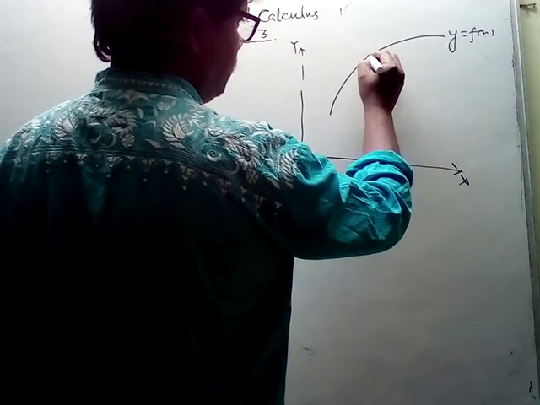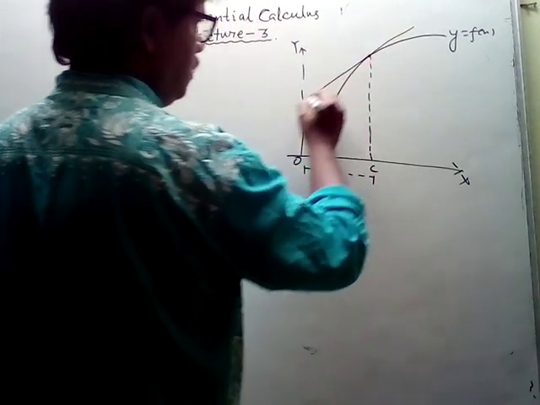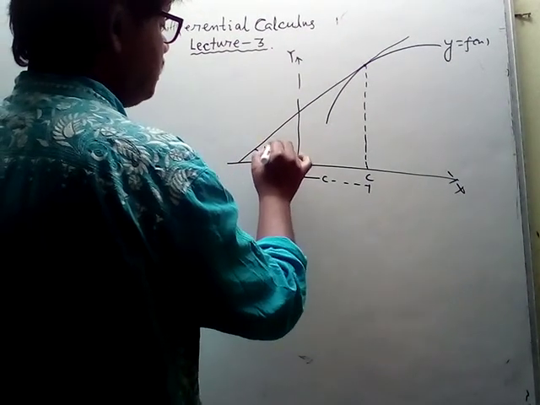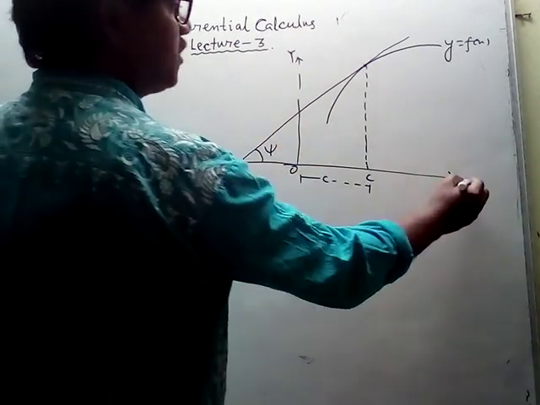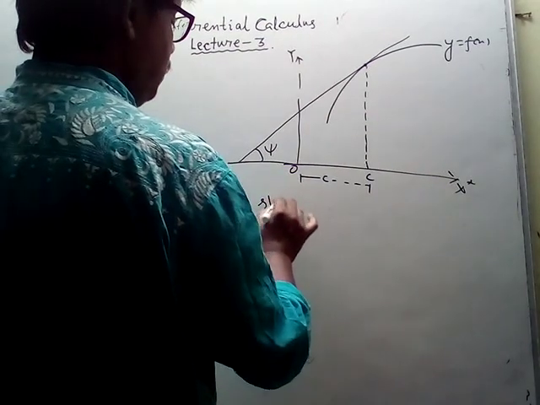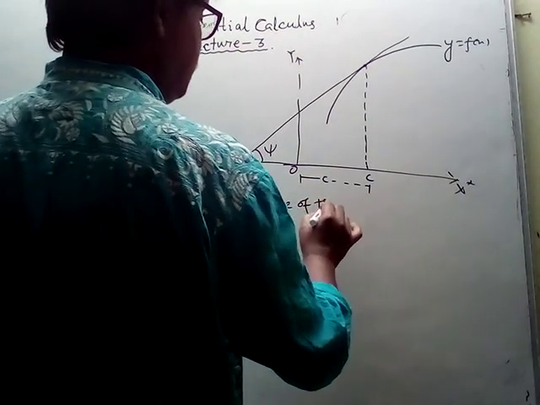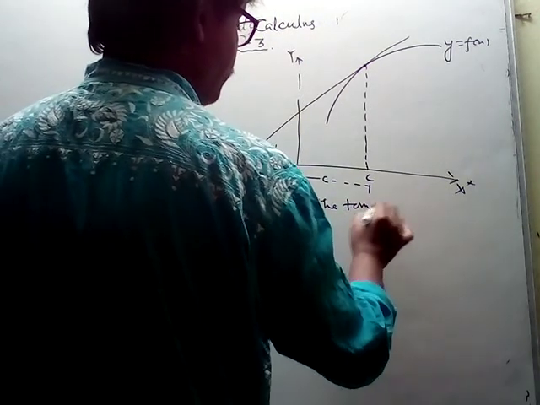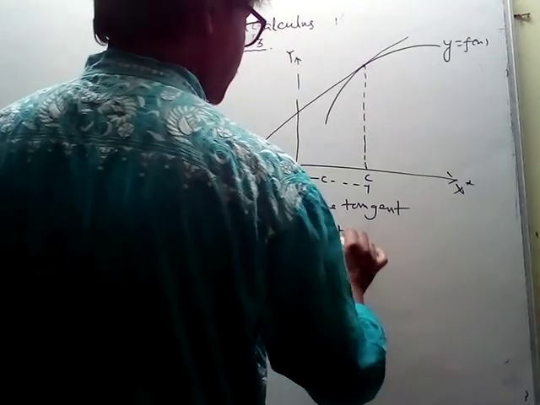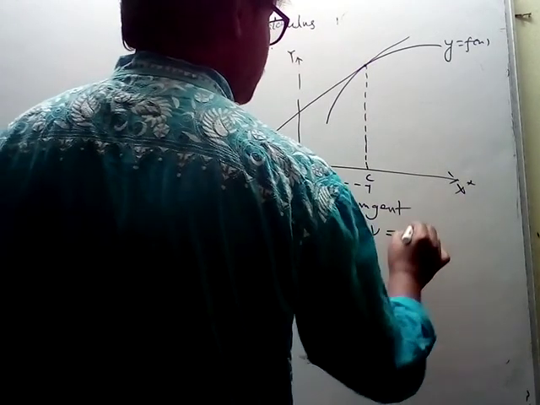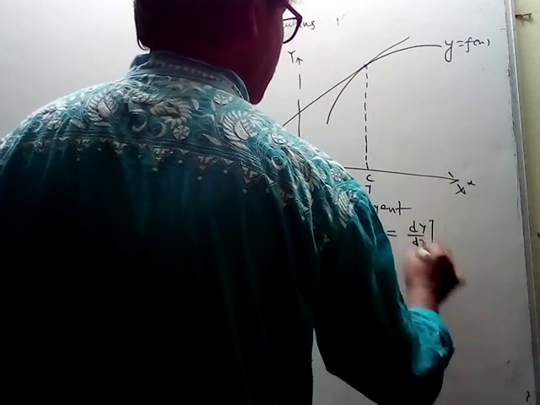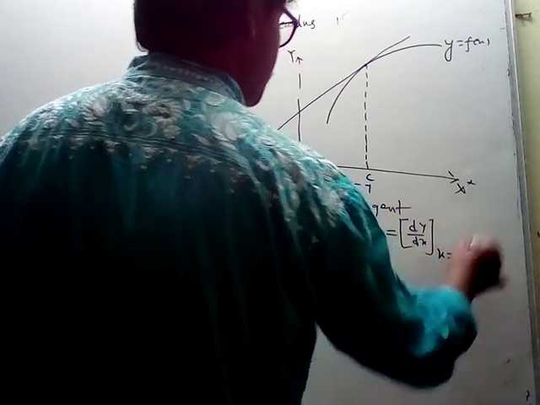If the tangent makes an angle psi with the positive direction of the x-axis, then the slope of the tangent equals tan psi, which equals the derivative d/dx of y at the point x equal to c.